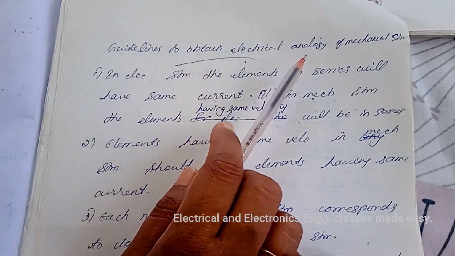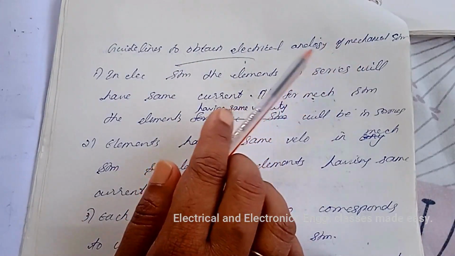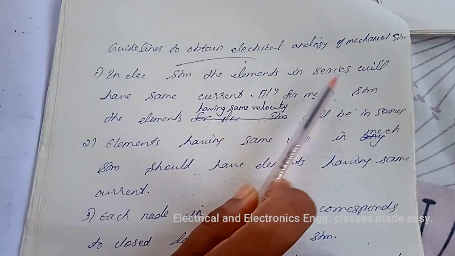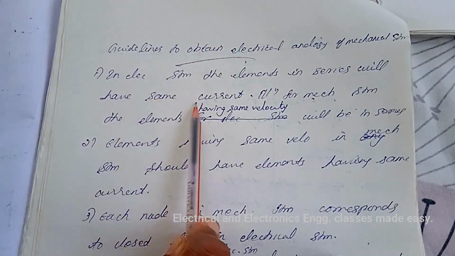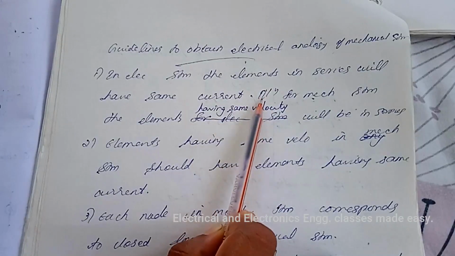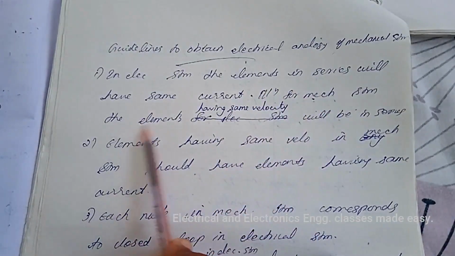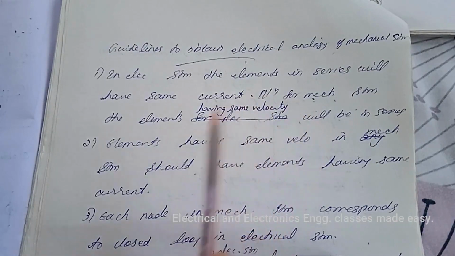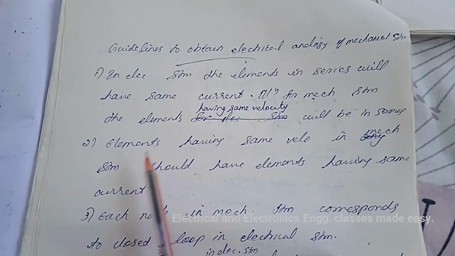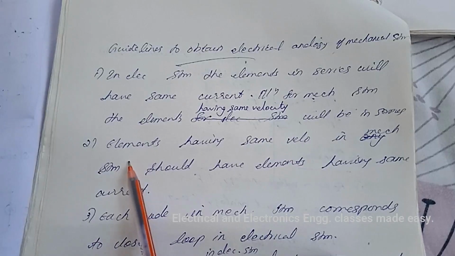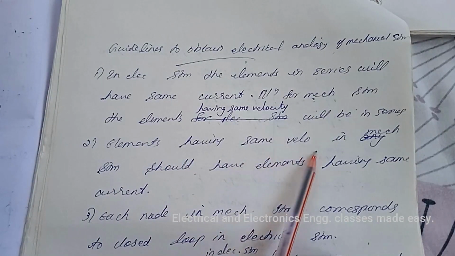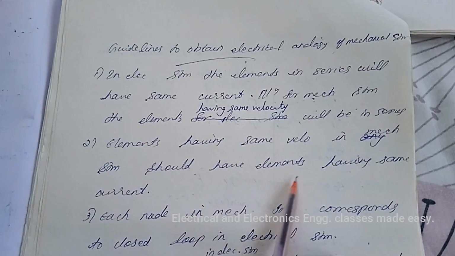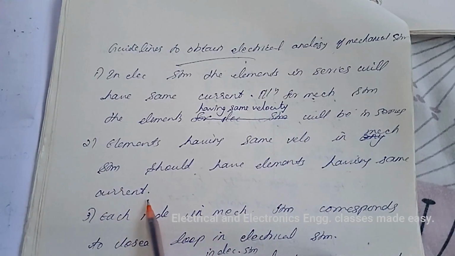Guidelines to obtain electrical analogy of mechanical system. In electrical system, the elements in series will have same current. Similarly, for mechanical system, the elements having same velocity will be in series. Second one, elements having same velocity in mechanical system should have elements having same current.